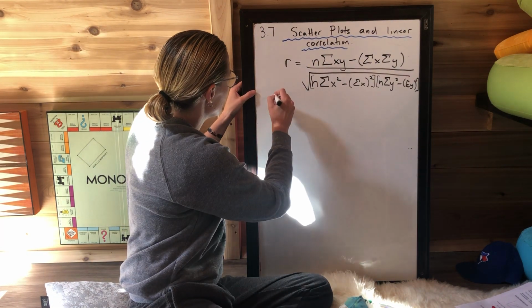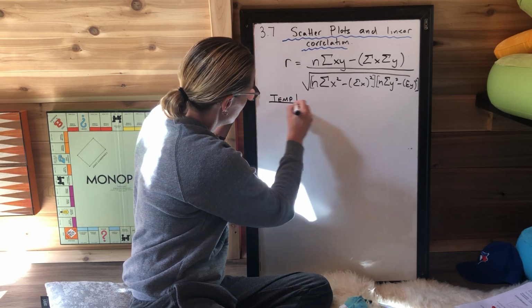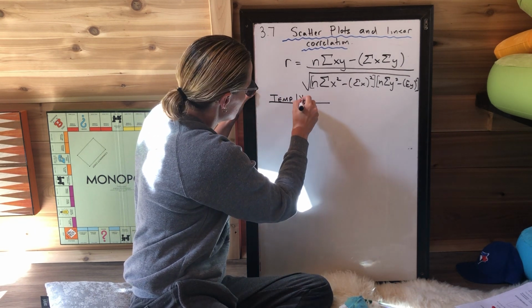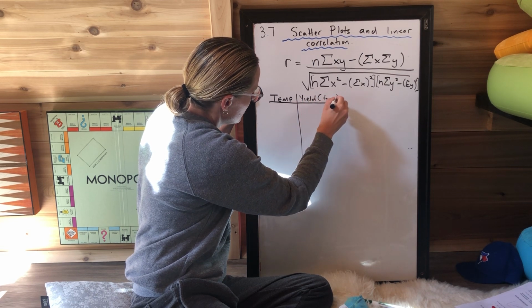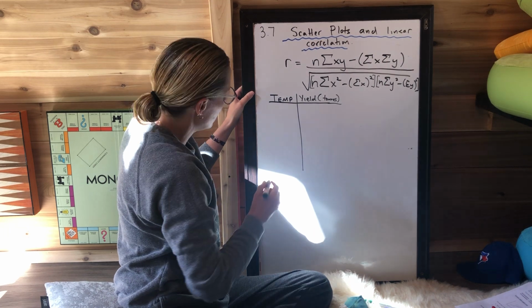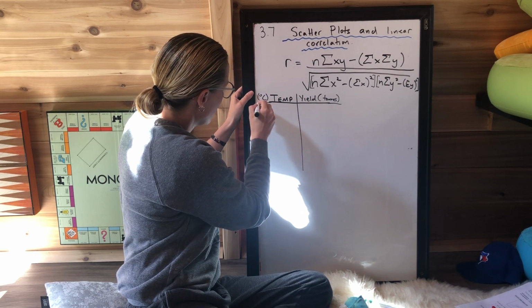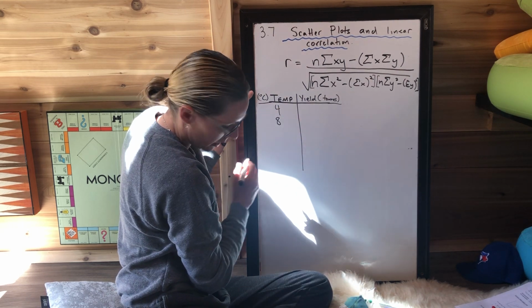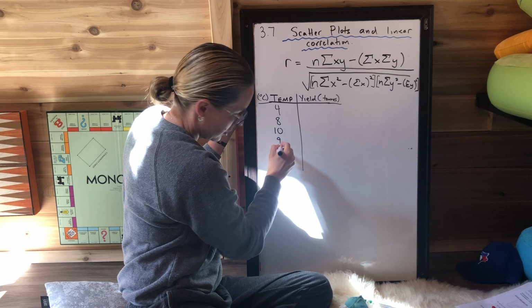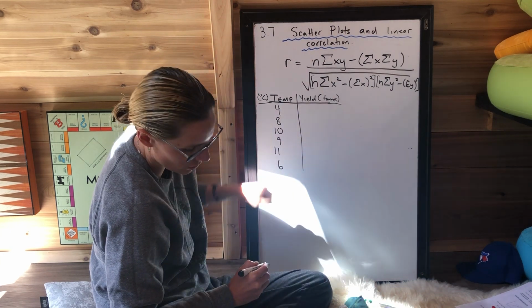So basically he has the temperature, and then this is his yield. His yield in this case happens to be in tons, and his temperature is in degrees Celsius. His temperatures look like this: 1 year the average temperature was 4, 1 year 8, 1 year 10, 1 year 9, 11, and 6. So he's looking at it for 6 years.